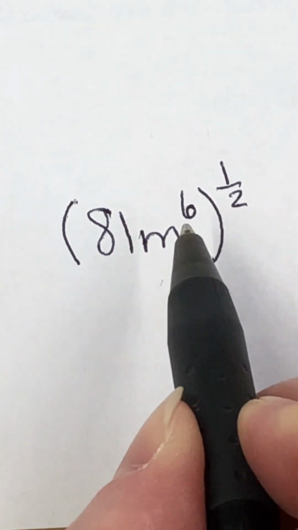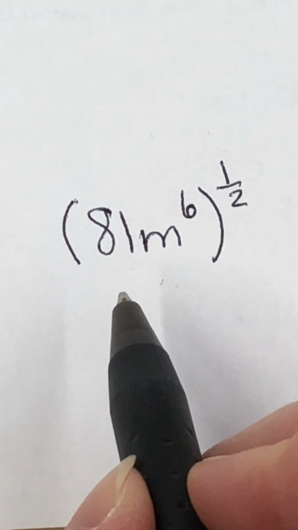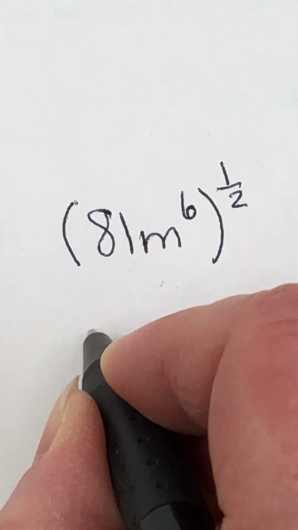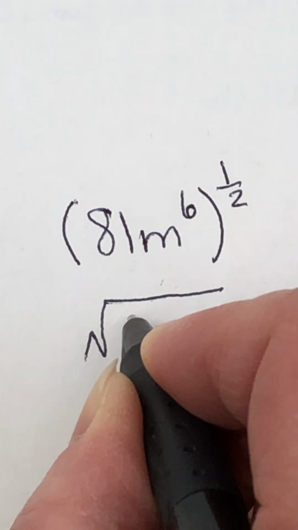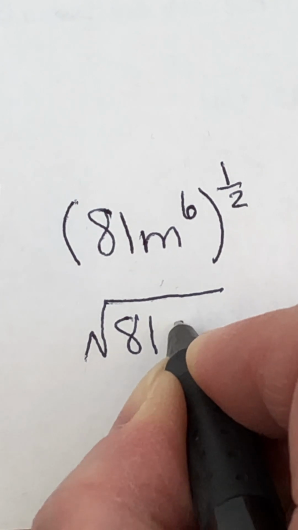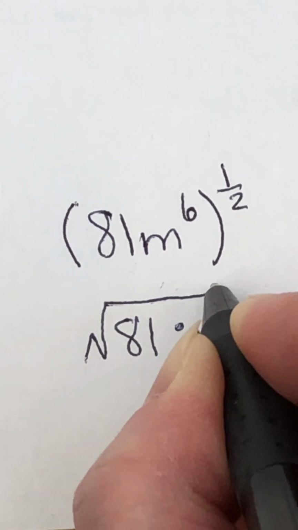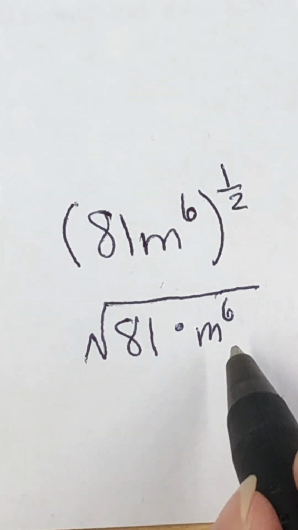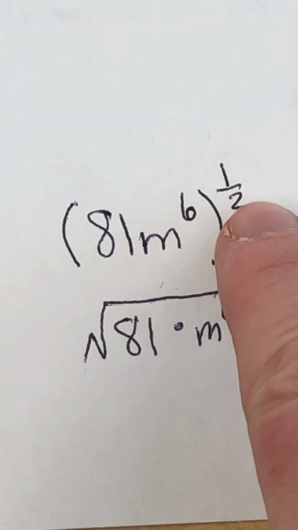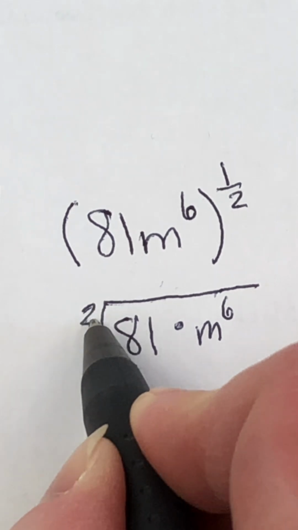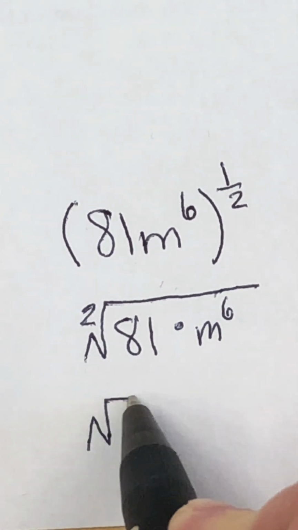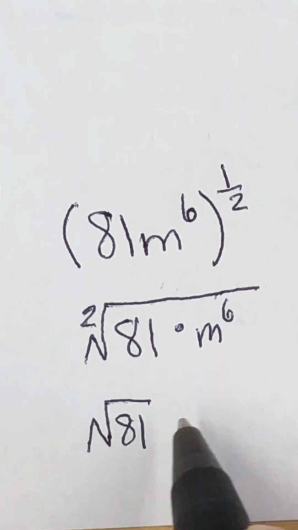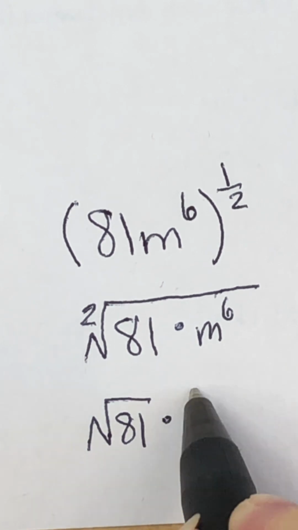Anytime you are multiplying things, not adding or subtracting inside a radical, but multiplying, you are technically multiplying 81 times m to the 6th power. And anytime you're doing that, you can split it. So we'll deal with this in a second, and we already know it's a square root. So you can do the square root of 81 times the square root.